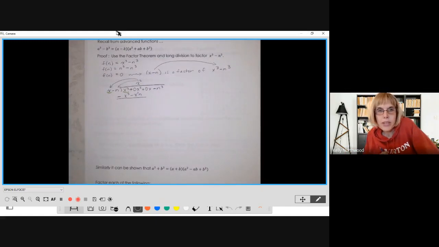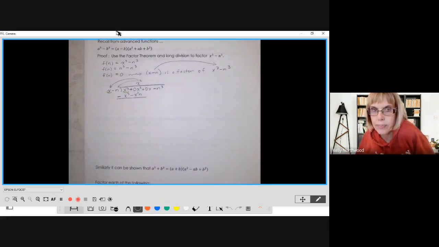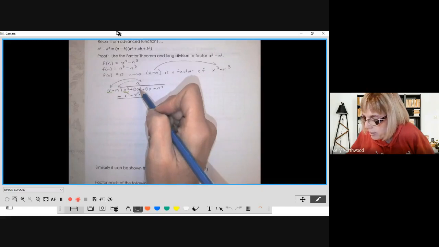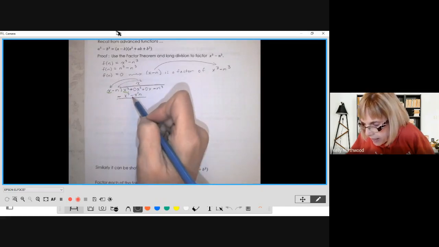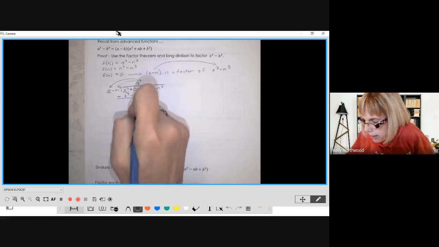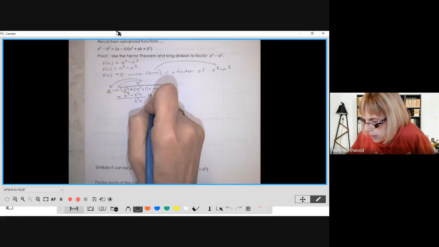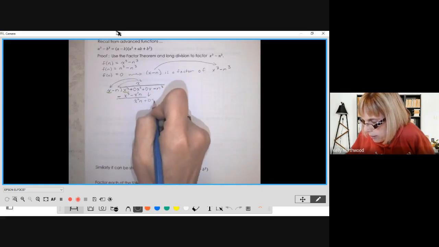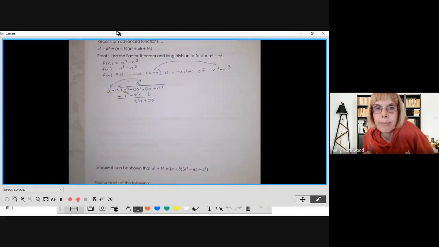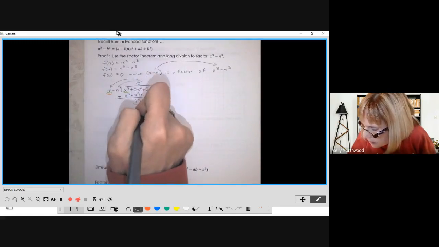That's the procedure for long division. So x cubed minus x cubed is 0. And then this would be 0 minus negative x squared n. When you subtract a negative, you're really adding, so you're going to get x squared n. And then bring down the plus 0x. And then you go, what do I need to multiply x by to get x squared n?